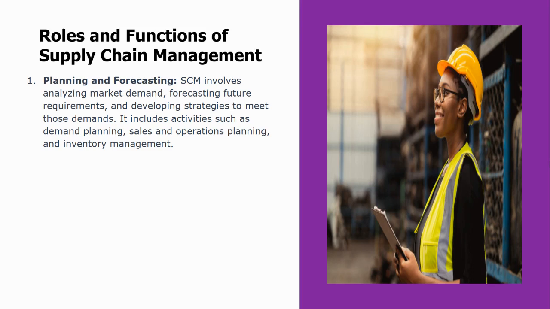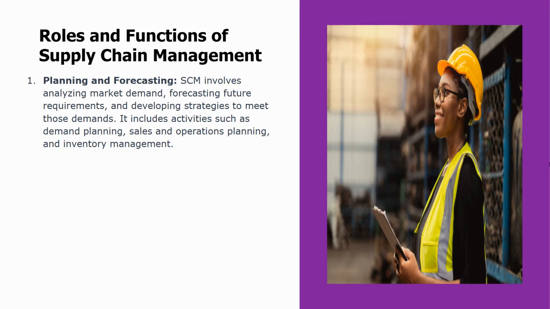Say, for instance, customers are requesting that product more. So we need to think about how we develop strategies to meet the demands of our suppliers or customers. The planning and forecasting process involves activities such as demand planning.